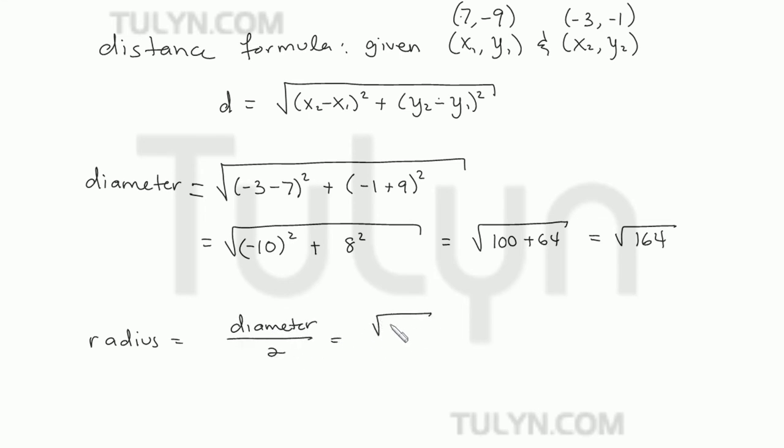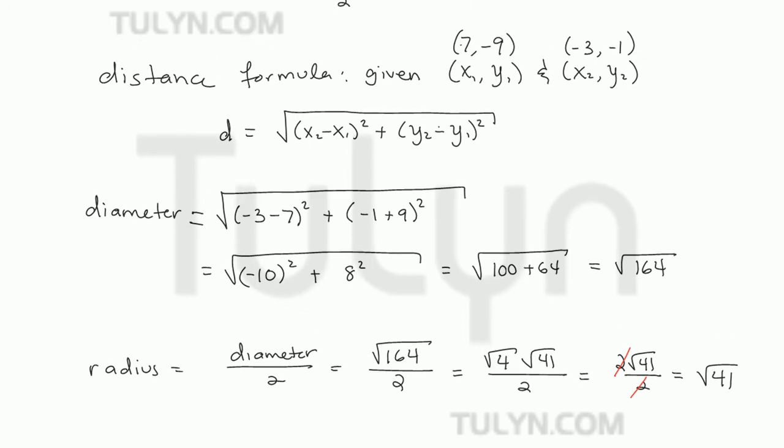So in this case, the radius is going to be the square root of 164 over 2, which you can simplify because 164 is equal to 4 times 41, so square root of 4 times square root of 41, over 2. And square root of 4 is just 2, so these cancel out. So the radius is just equal to the square root of 41.